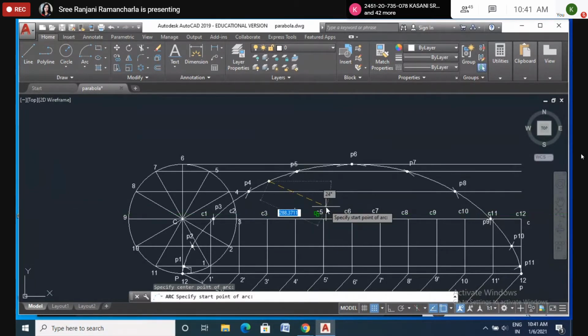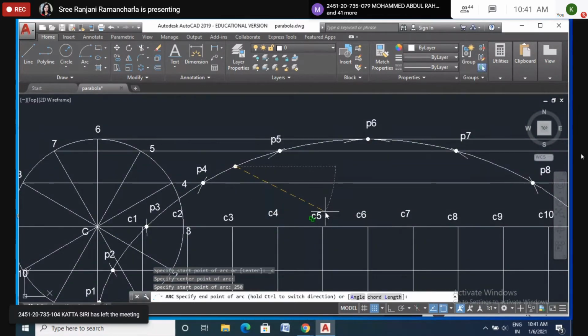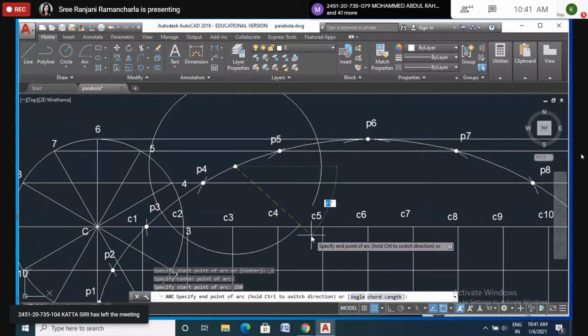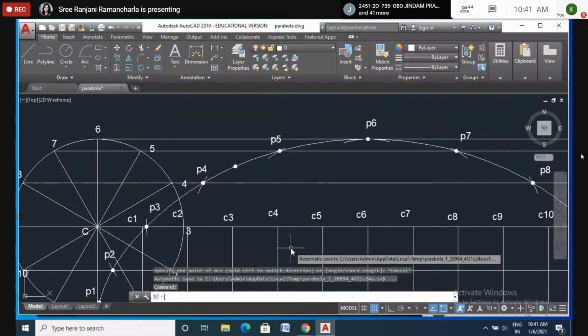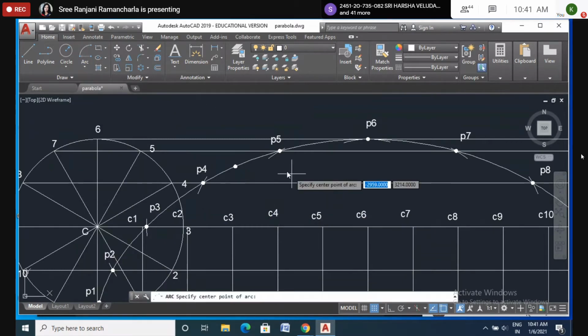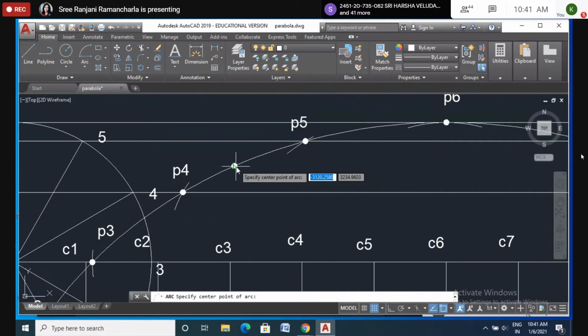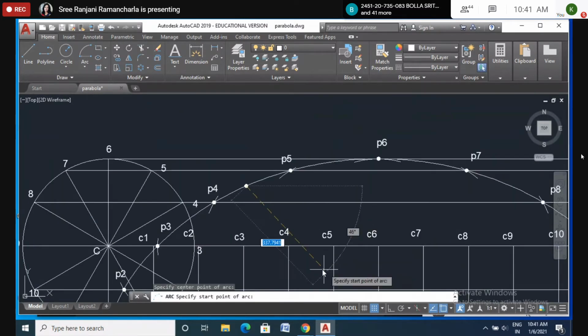Okay. So 250. So this will be showing anti-clockwise. Just wait. So this is the center. 250.